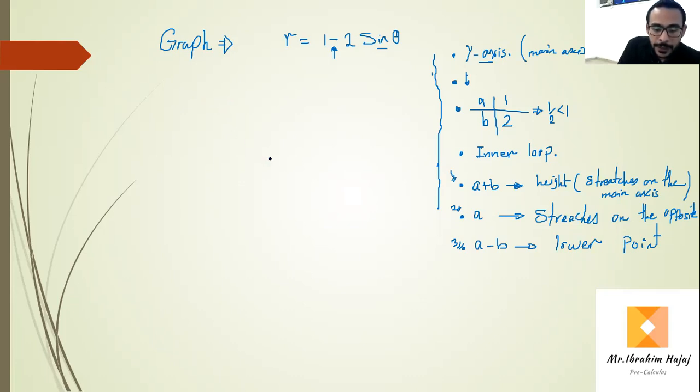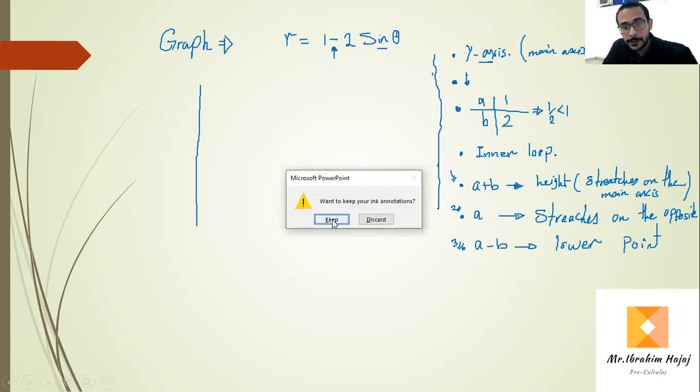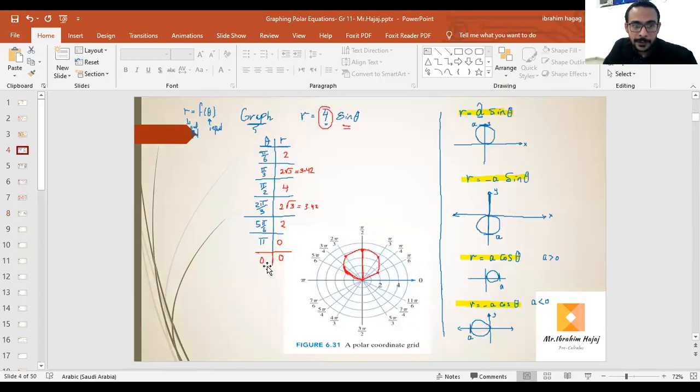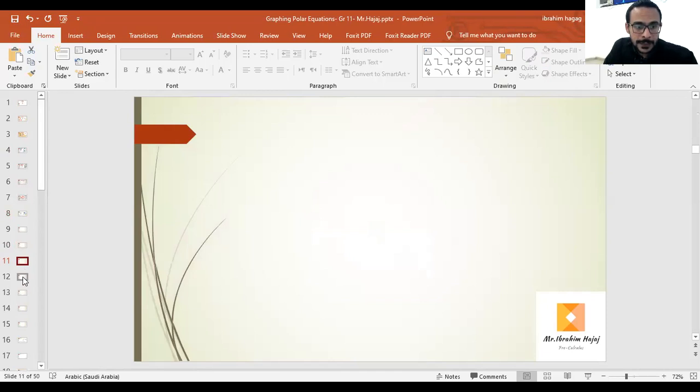Let's graph this equation, 1 minus 2 sine theta, a polar equation. We are graphing this equation on our standard graph, so that it is accurate.